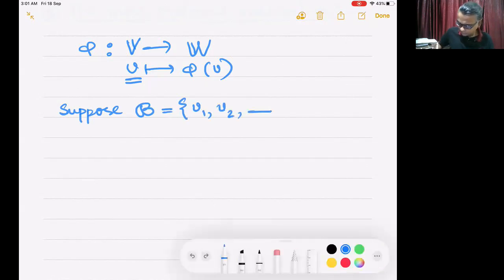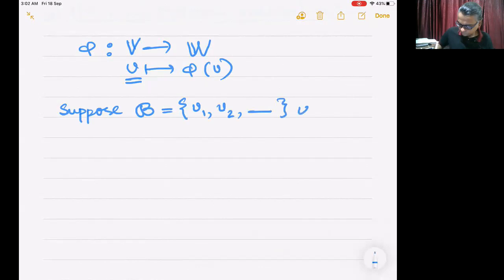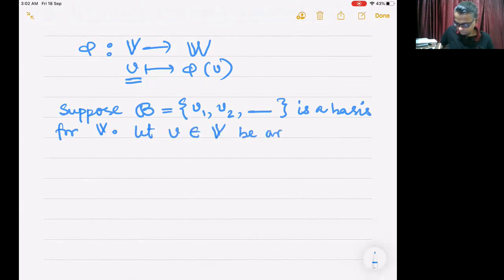Suppose this is a basis for V, as a vector space over the field F. Now, let V be an arbitrary vector in V. All right, I have an arbitrary vector.